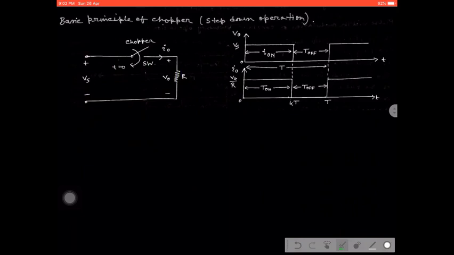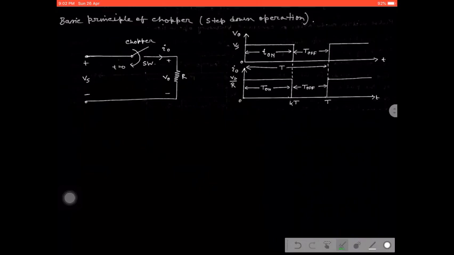Now we are going to demonstrate the working principle of the chopper. On the right hand side we assumed two axes, output voltage and output current, which are taken from the load. Here we are using the DC supply which is constant in magnitude, and we are giving some triggering pulse across the thyristor.